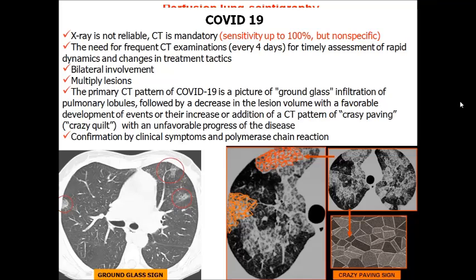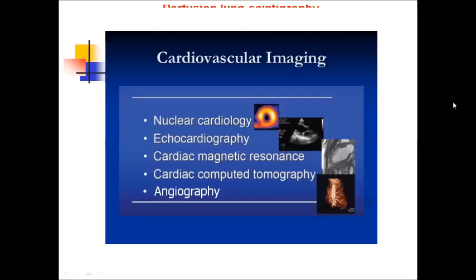And of course, if you do not observe anything specific, you may always confirm the CT diagnosis of COVID-19 by clinical symptoms or by the result of polymerase chain reaction.